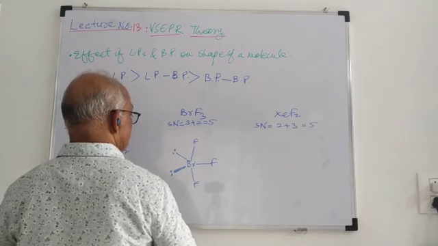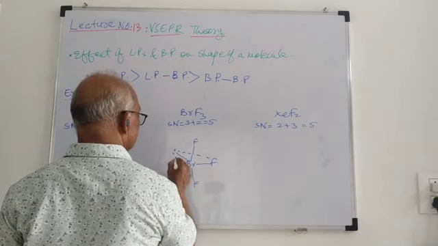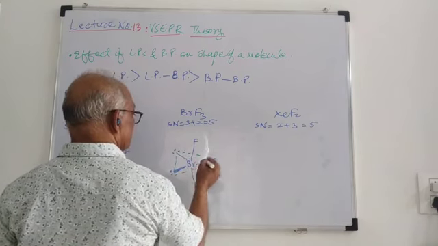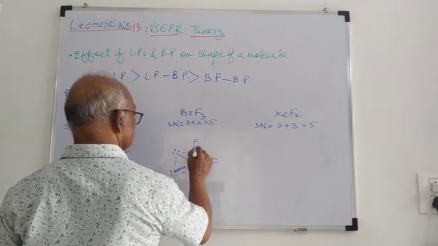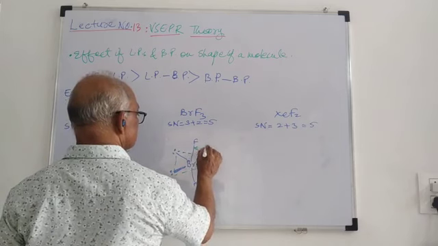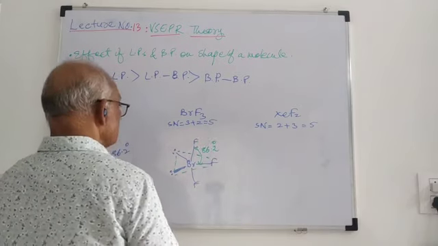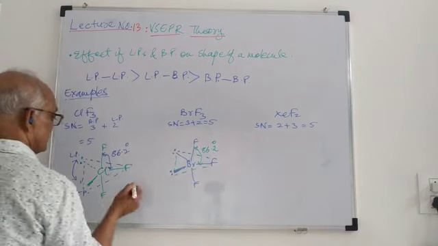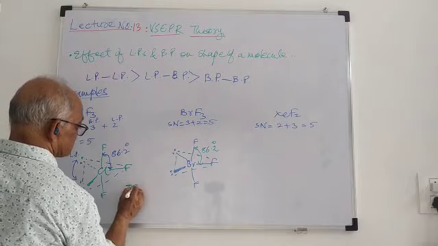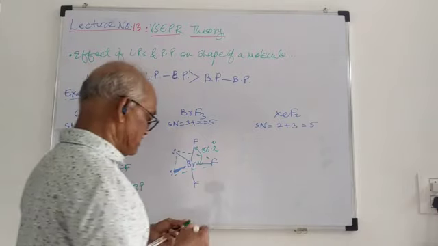The plane XY is marked in this way. The bond angle is reduced from 90 degrees to 86.2 degrees. The shape of the molecule is TBP in both cases, trigonal bipyramidal.